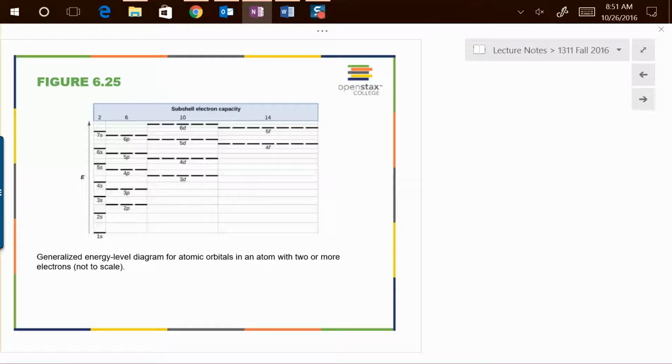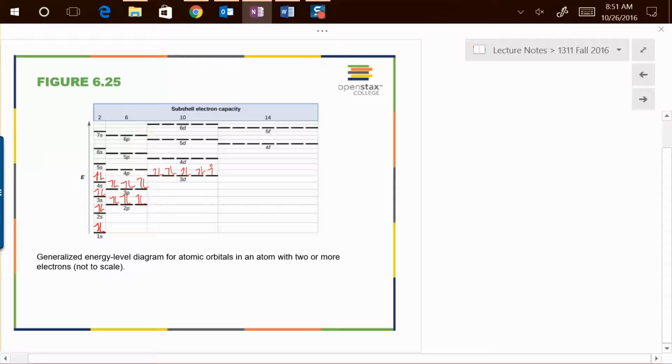So right here in the 1s, I'd put those 2 electrons, and then I go to the 2s. Next I go to the 2p. Up, up, up, down, down, down. 3s, 3p, 4s. So I haven't got to the 3d yet. Now I get to the 3d.